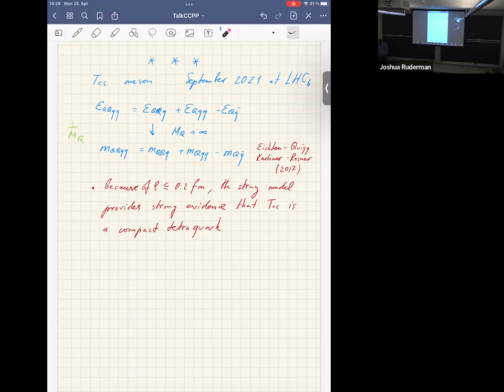there were estimates by two groups really, Eichten and Quigg, and then Karliner and Rosner quite recently. And they really made a very good estimate of the mass of the TCC meson. Sorry, TC means that the capital Q there is actually a C quark, right?